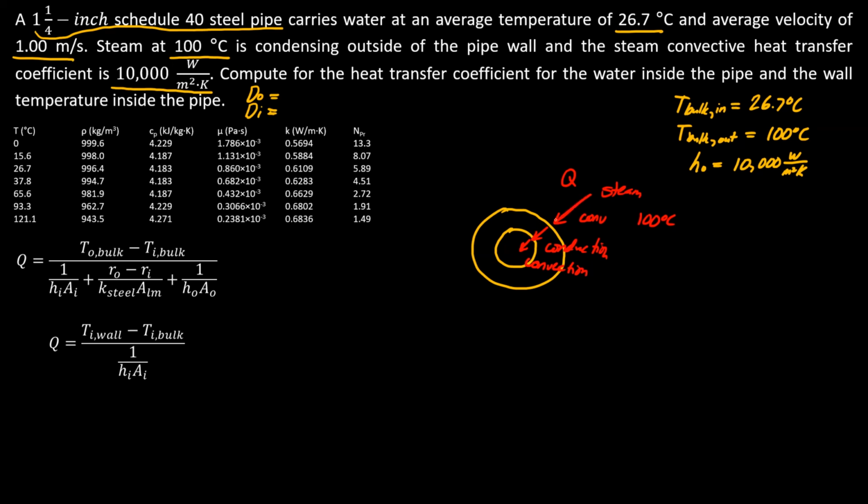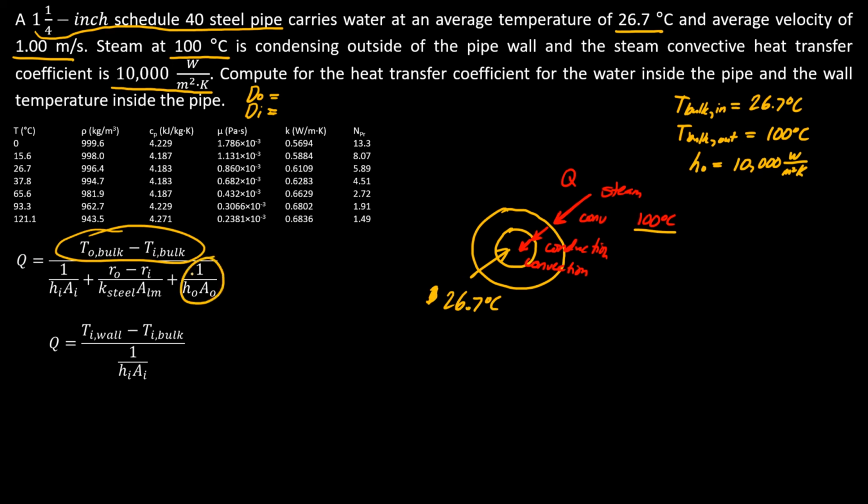So we have the resistance from the convection, resistance from the conduction, resistance from the convection, and I wrote it here. So we're interested in obtaining Q. The driving force is the difference in temperature between the steam and the water inside at 26.7 degrees Celsius. So that is the driving force, 100 minus 26.7.